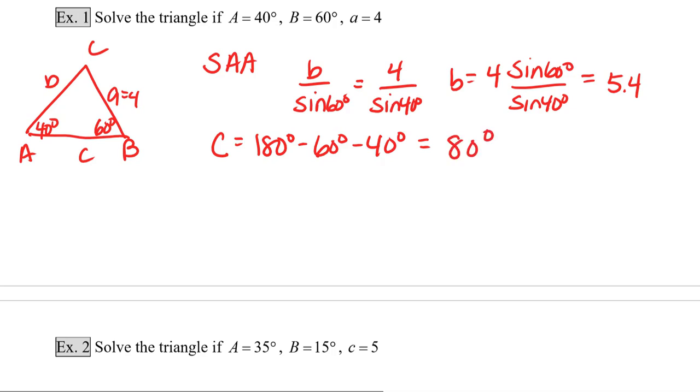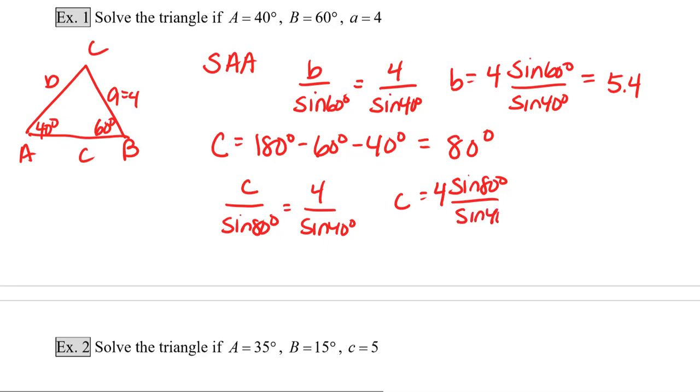Now that I know angle C, I can find side c by saying c over the sine of 80 is equal to 4 over the sine of 40, or c is equal to 4 times the sine of 80 over the sine of 40, and for c I get a measure of 6.1 units.